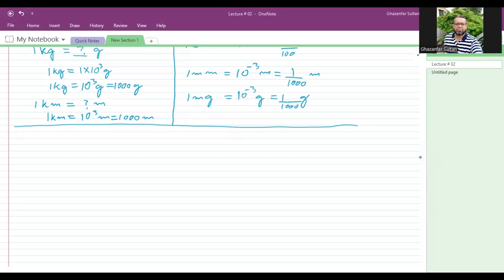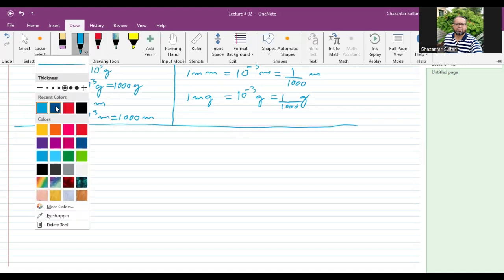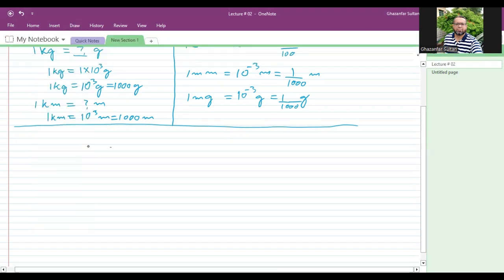But the main problem develops when we talk about some derived units. If we are talking about derived units, then see what happens.